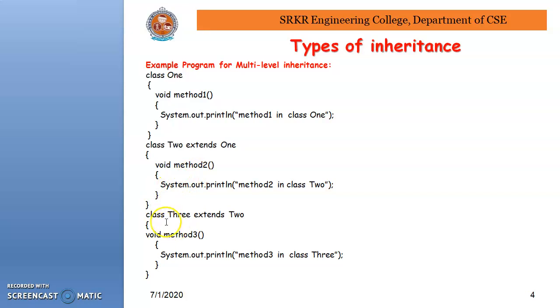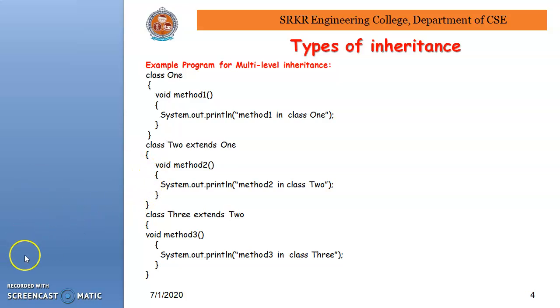Class 3 extends class 2, this is the subclass. This class has its own method called method 3. Also it will use method 2 as well as method 1.